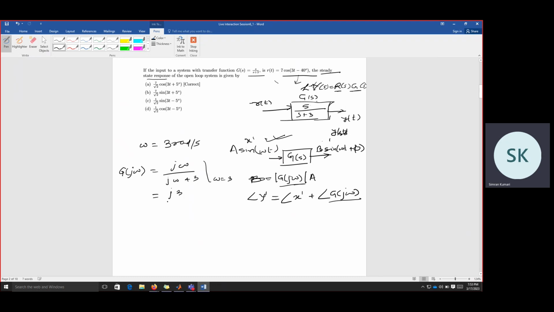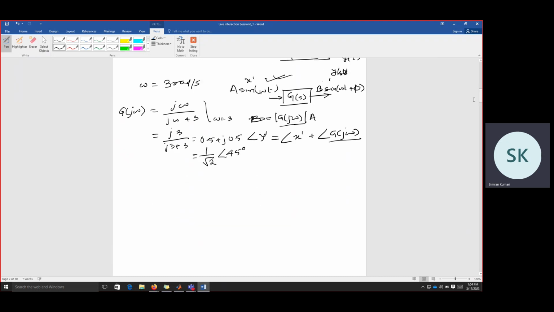So we'll have j3 over j3 plus 3. Now if you simplify this, just multiply numerator and denominator with the complex conjugate, you will get 0.5 plus j0.5. Now we can write this in phasor representation. The magnitude will be 1 by root 2 and the phase angle would be 45 degrees.